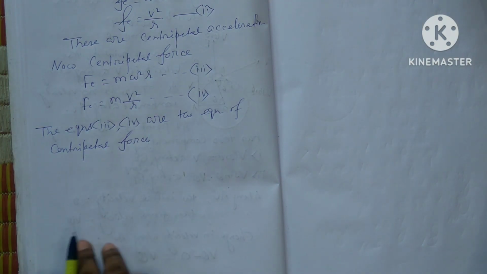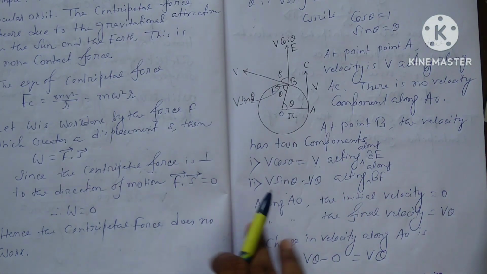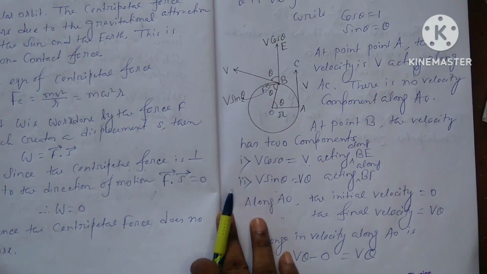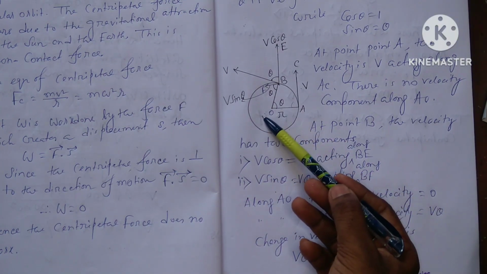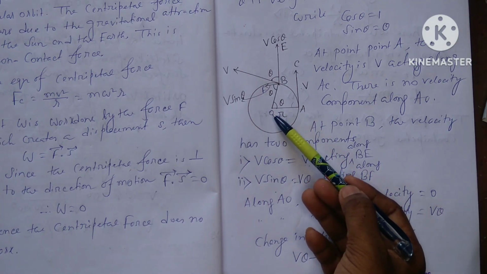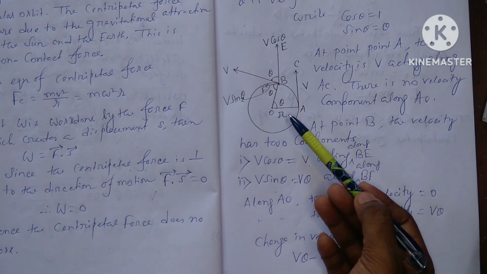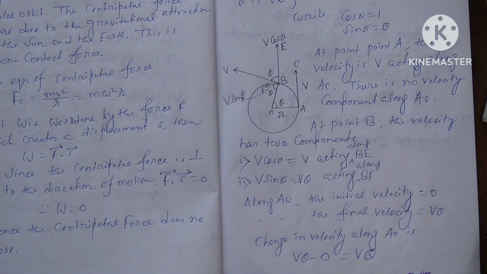Now we can give the definition of centripetal force. Centripetal force is the force that acts along the radius towards the origin and is essential to keep the body in a circular orbit. So this is known as the centripetal force.